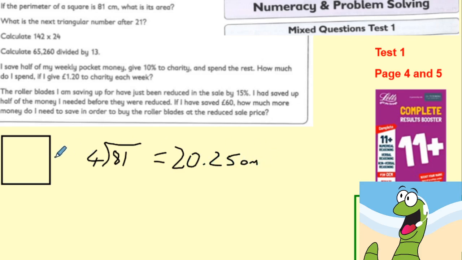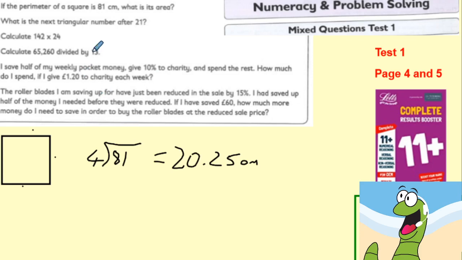So each one of these sides is 20.25 centimeters. How many times does 4 go into 8? It goes in twice. What's left over? So that gives us 20.25.